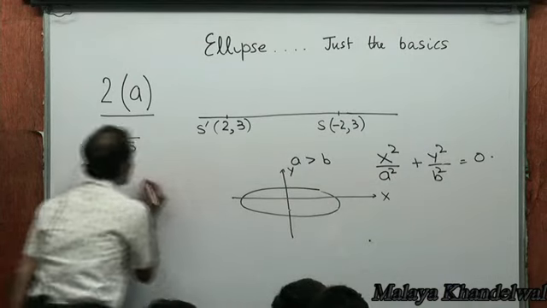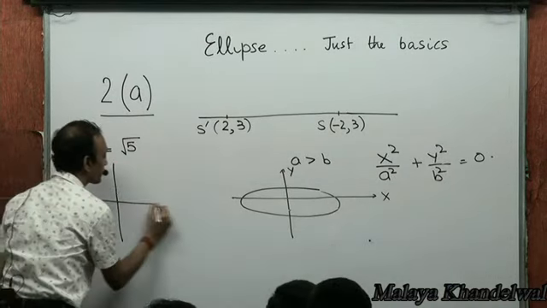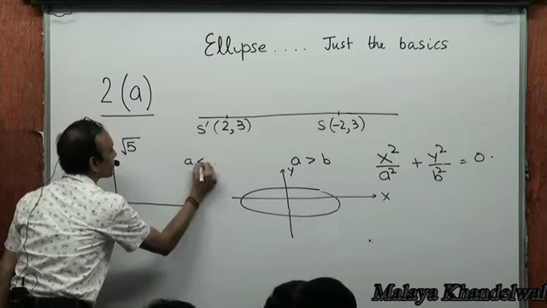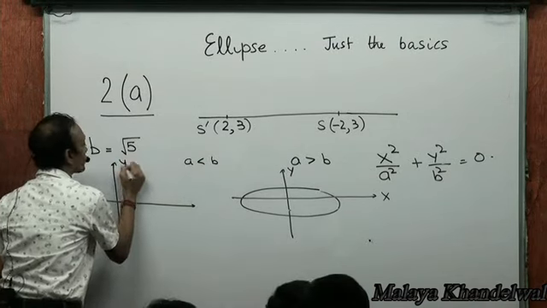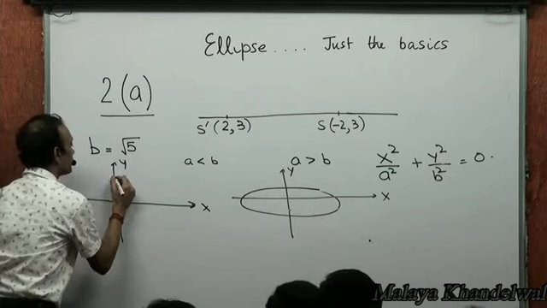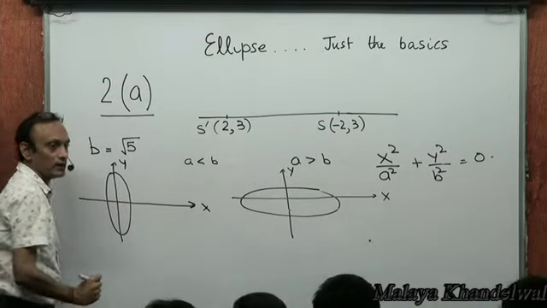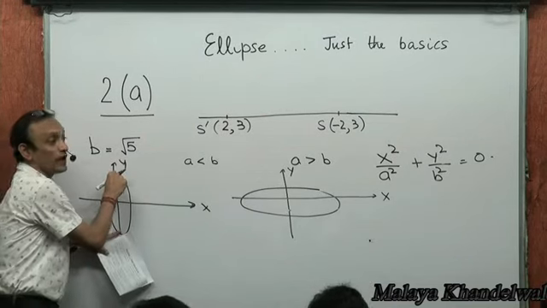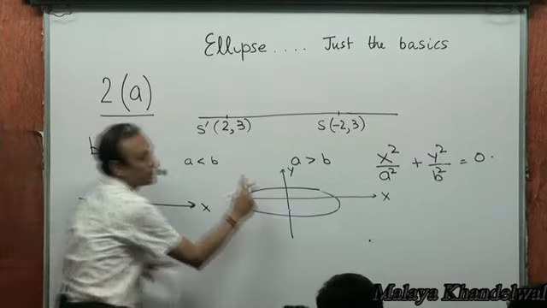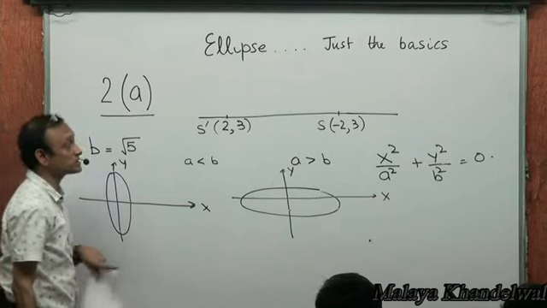If a were to be less than b, things will just flip. They will look like this. If a was less than b, then the major axis would lie along the y-axis. That means b, right? Would be the major axis.